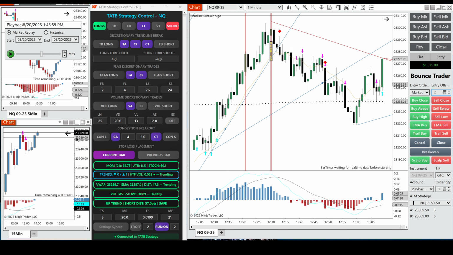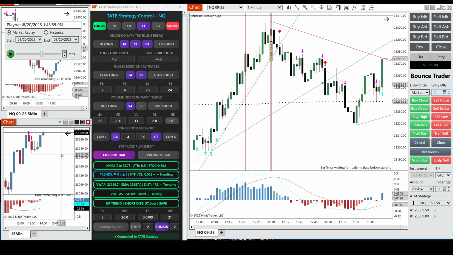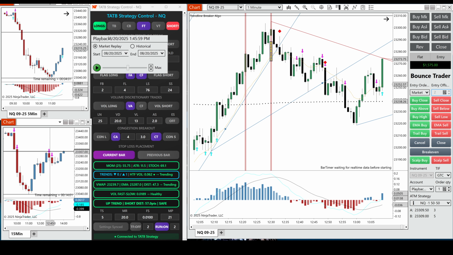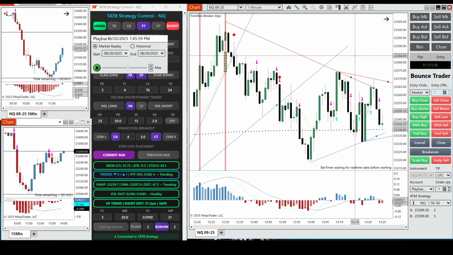Also, when I trade, I look at the signals on higher time frame. Like this is 15 minute, this 15 minute. So if you happen to see these arrows on 15 minute, you want to start looking at short signals, maybe any short signals.